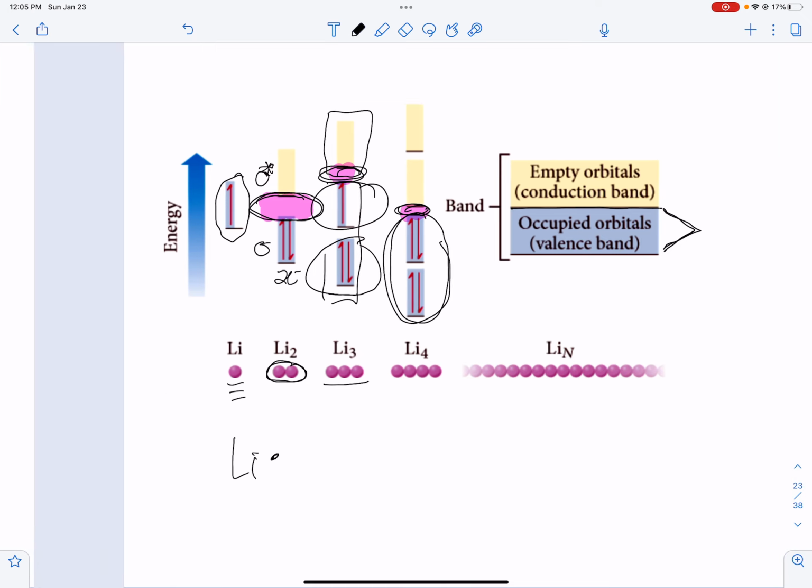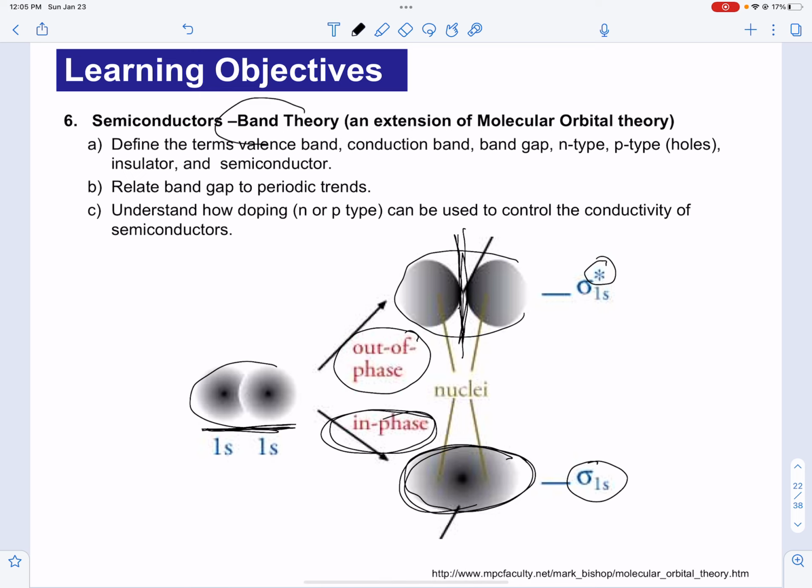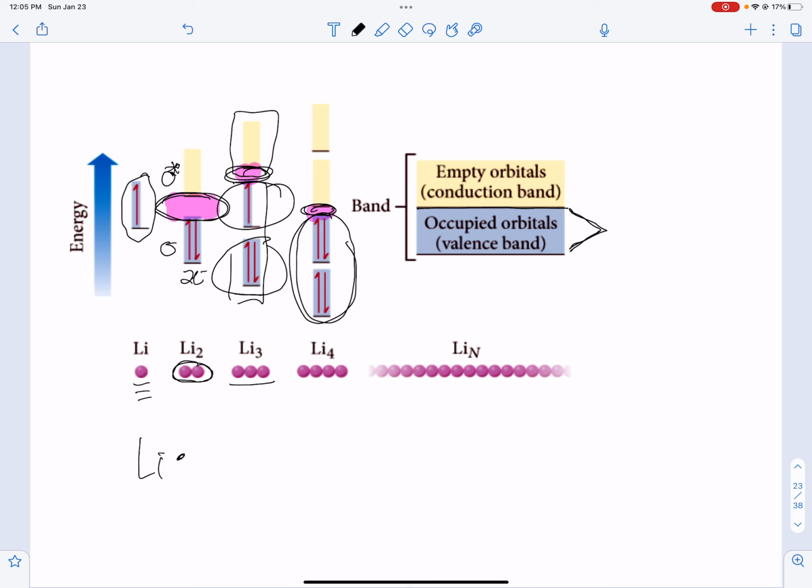That's what we call band theory, because those molecular orbitals are overlapping one over the other. They're getting closer together, so you cannot distinguish one from the other, like 1 and 2. Now all you have is a band. So the more atoms you have, like in a solid, the more this band theory makes sense.